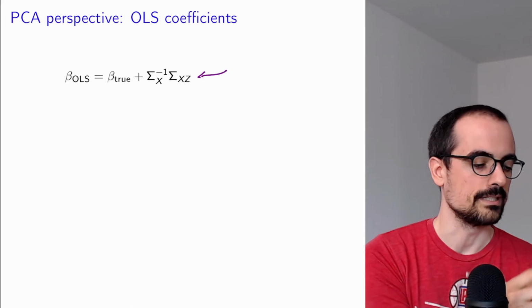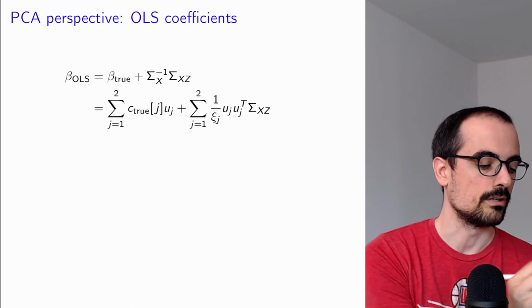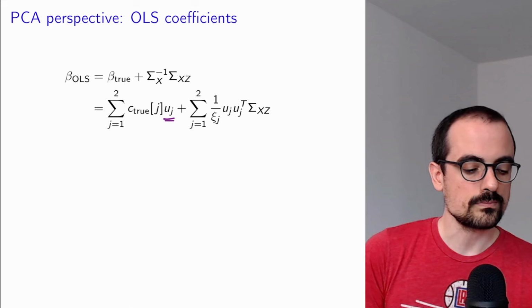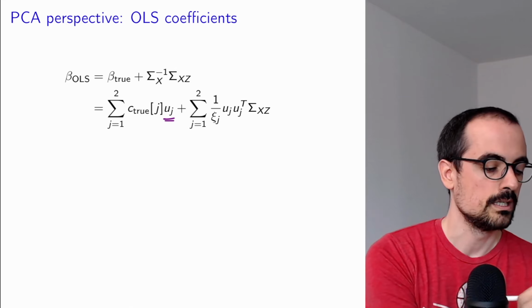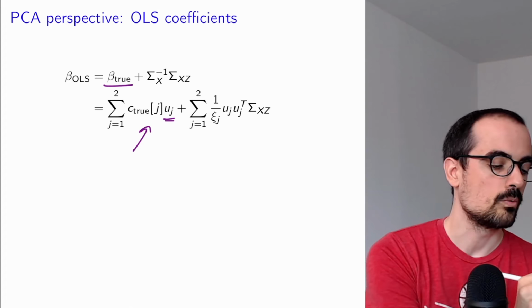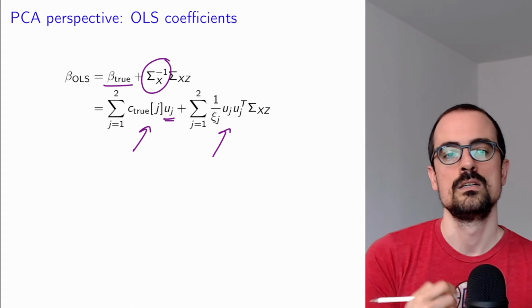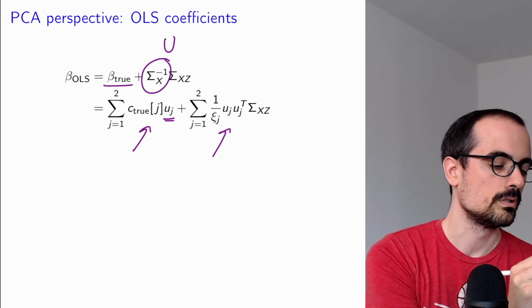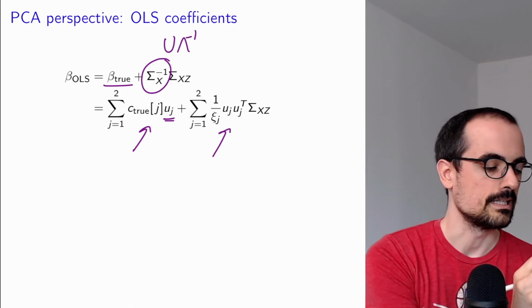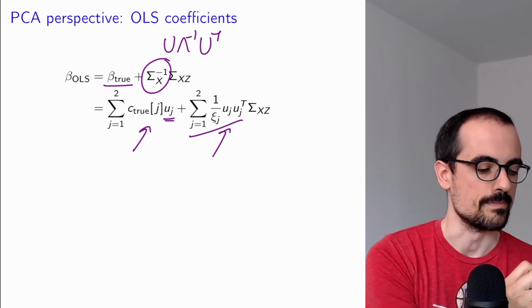This we already derived in a previous video. Here we're expressing the true coefficients in terms of the principal directions, and here we're doing this decomposition of this term into U lambda minus 1 U transpose, which is then equal to this sum, if you remember.